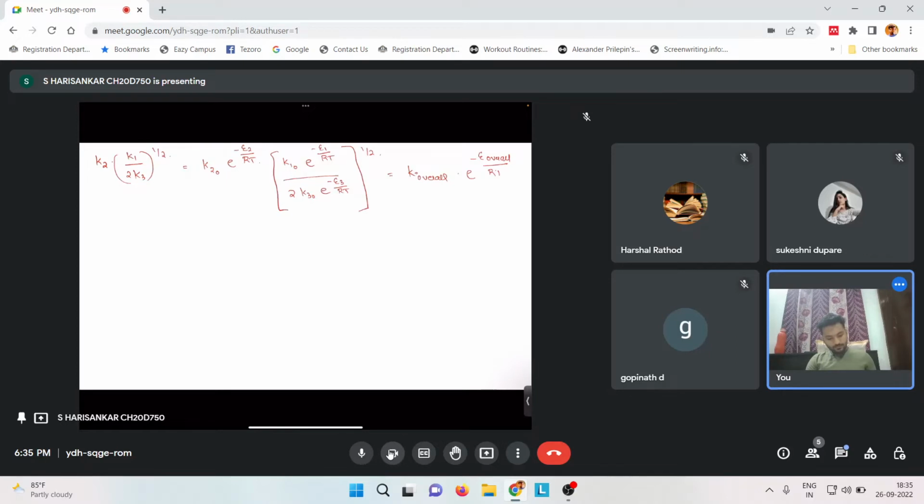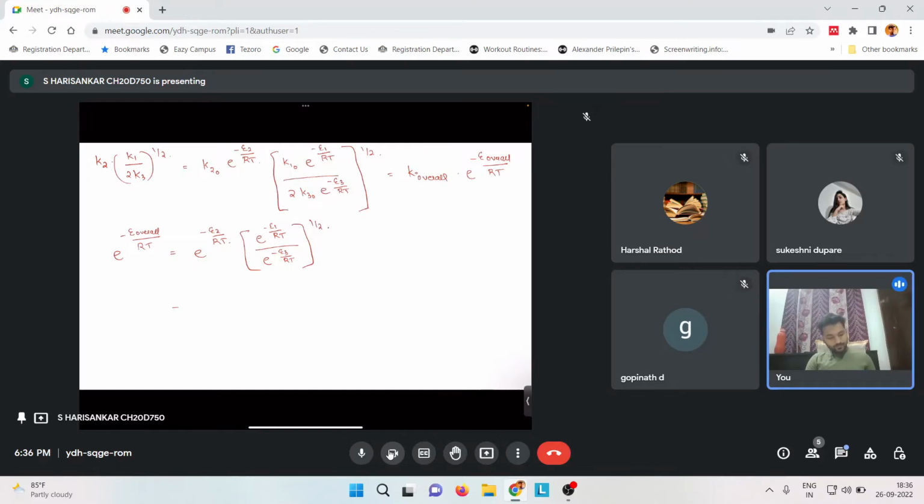So e raised to minus E overall by RT will be equal to e raised to minus E2 by RT into e raised to minus E1 by RT by e raised to minus E3 by RT, the whole raised to 1 by 2. Okay. Now we just have to simplify the right hand side.